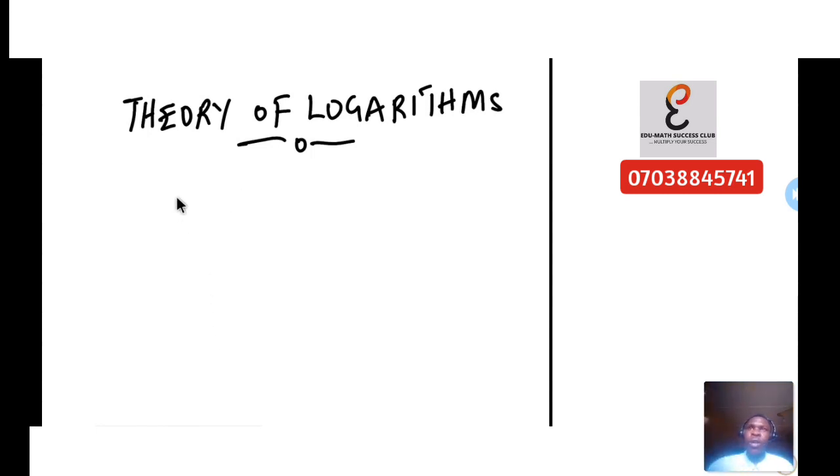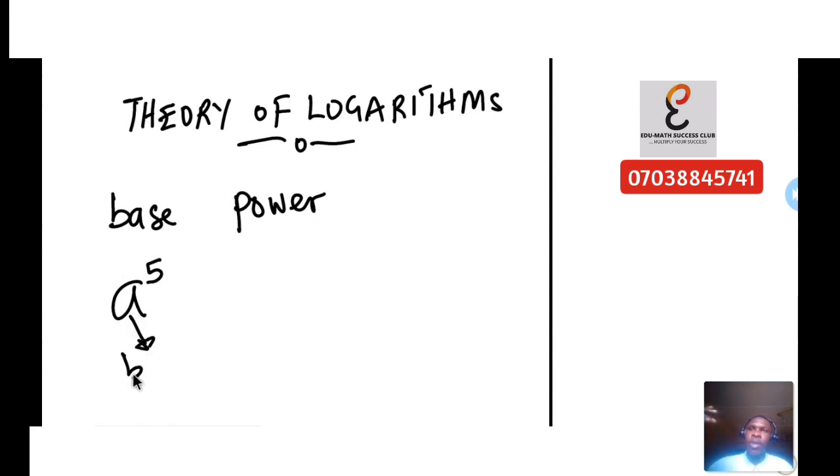Before you start logarithms, it's important for you to know what is called a base and what is called a power. Let me give you a literal example. You have a raised to the power 5. When you have a raised to the power 5 like this, the number at the bottom is called the base.